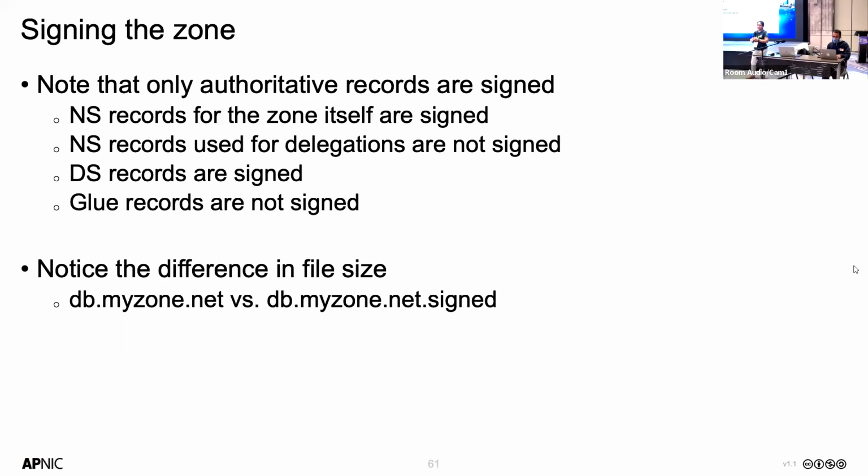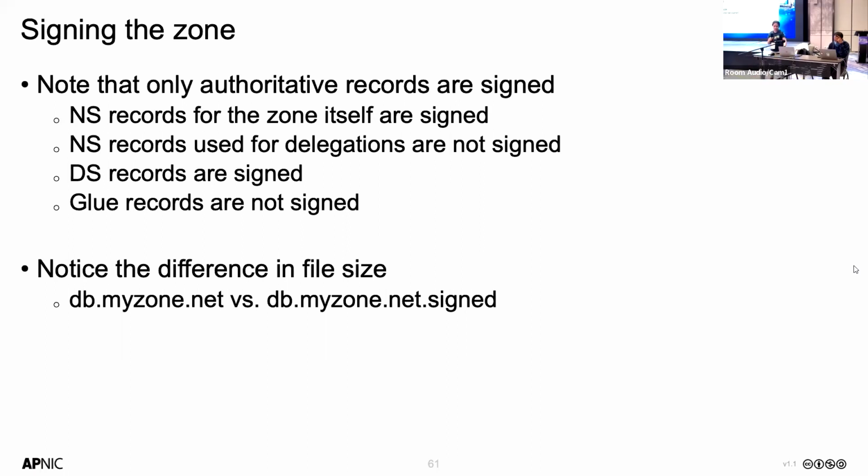Any DS records are signed, obviously, because you add the public key of the child to the parent, and they sign it to signify that it is correct, that it is authorized, that this is the correct delegated child zone. And then any glue records, because they're not really part of the records under the parent zone anymore, since it's been delegated, will not be signed.